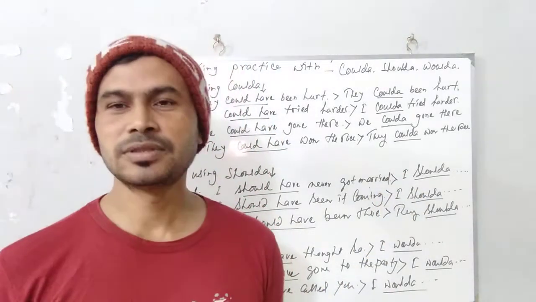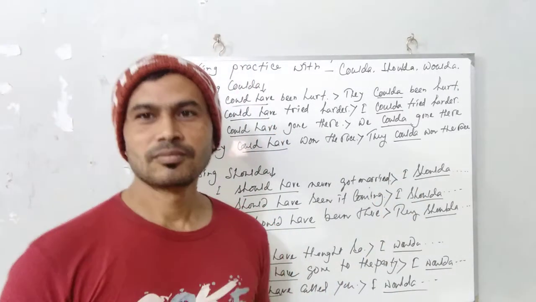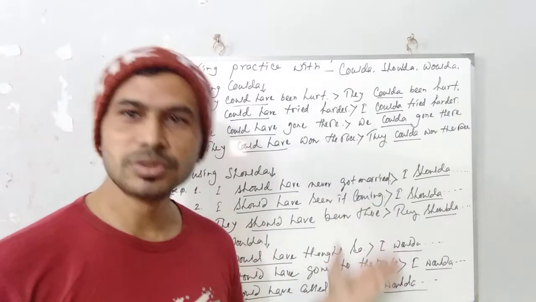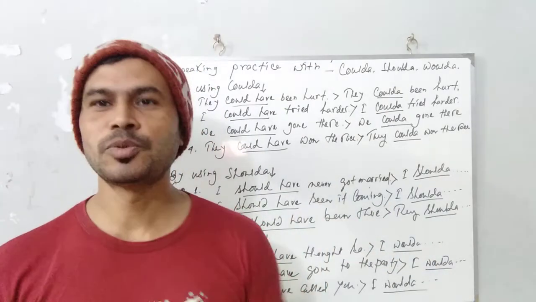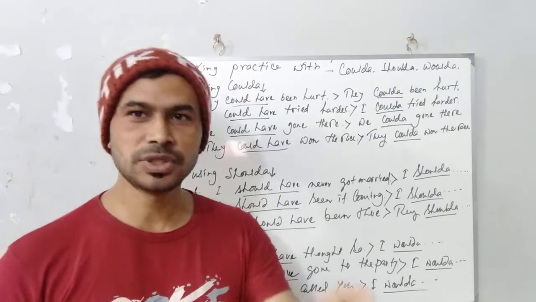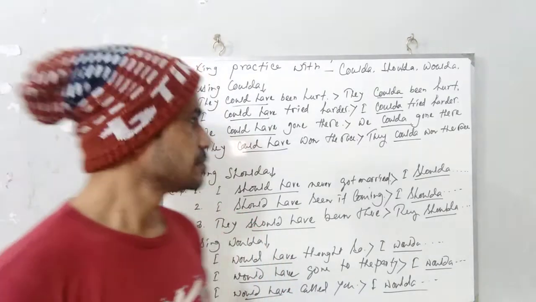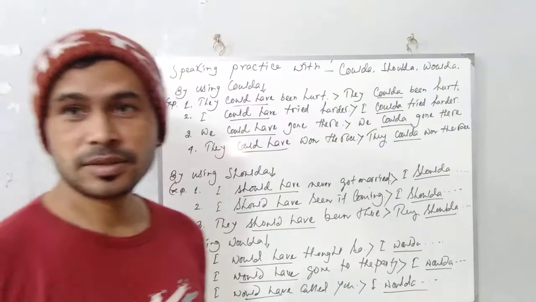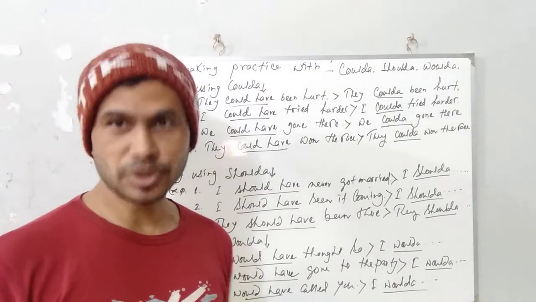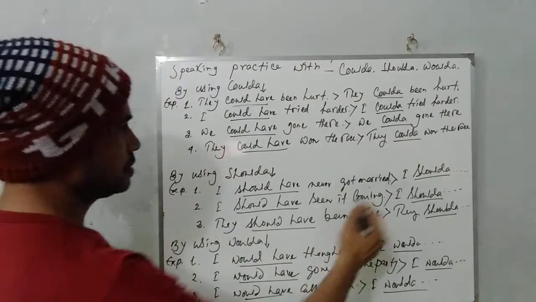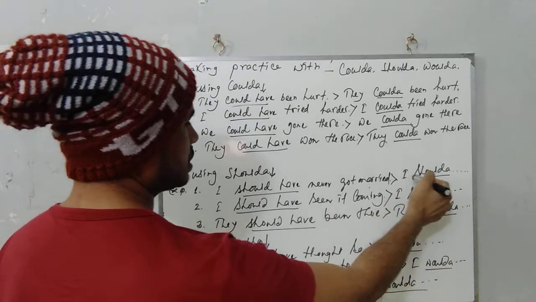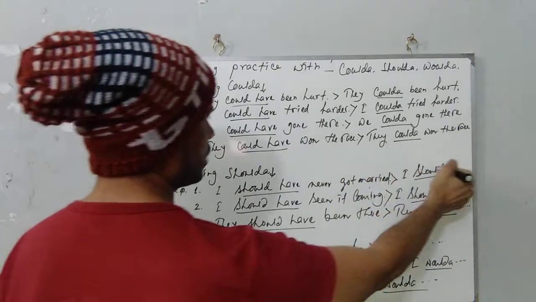This is a standard form, and native speakers always use this kind of sentence in their spoken language. So you have to learn. I think my friends, you got my point. So, I shoulda never got married.